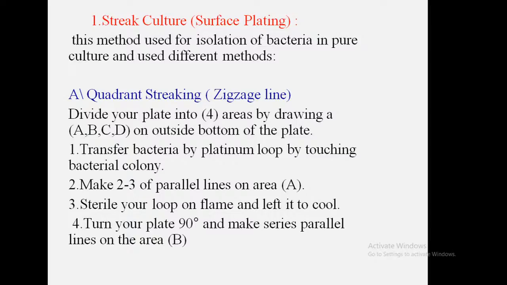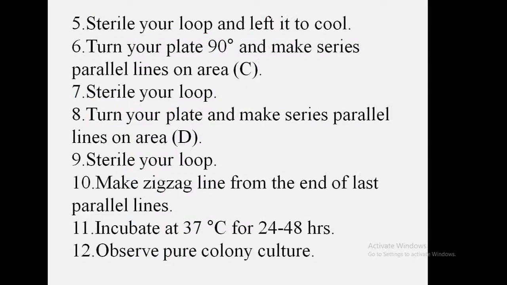Turn your plate 90 degrees and make a series of parallel lines on area B. Again sterilize your loop and let it cool. Turn your plate 90 degrees and make a series of parallel lines on area C. Then sterilize your loop, turn your plate, and make a series of parallel lines on area D. Next, sterilize your loop, then make a zigzag line from the end of the last parallel line.